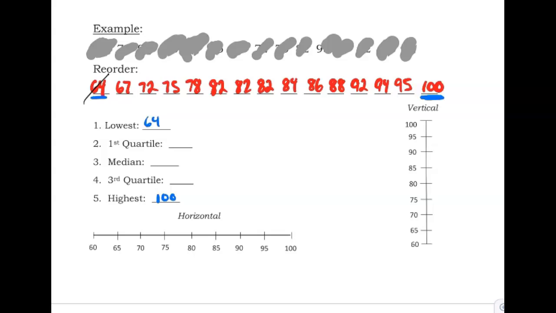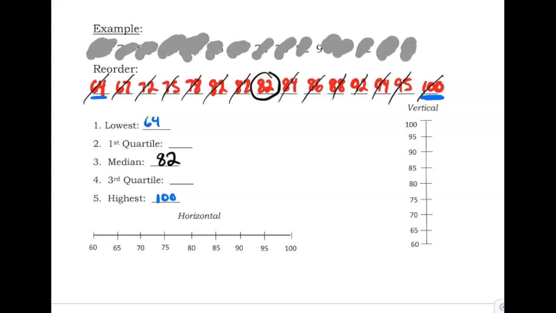So sometimes you're taught just to cross off from the ends. 2 ends there, 2 ends, 2 more ends, another set, another set, another set, another set, and there is your median. But you probably remember that when you have an odd number of data, that works, and when you have an even number of data, you're going to have to add up the 2 middle ones and divide by 2. But that worked out pretty nicely.